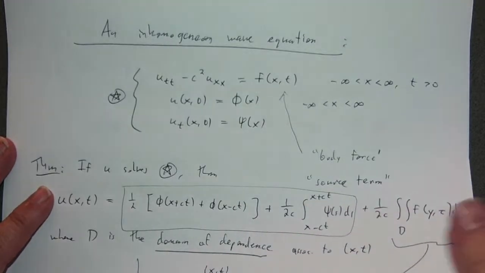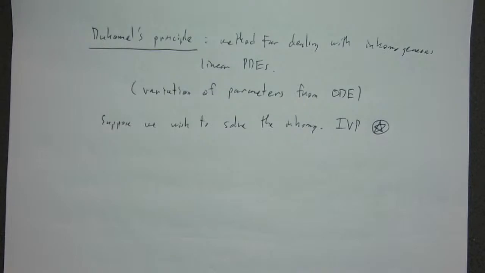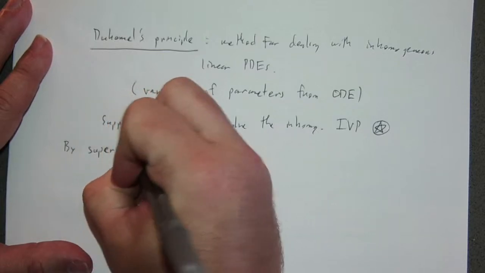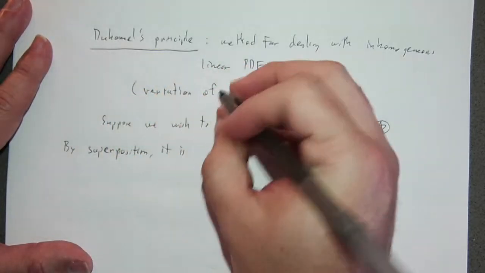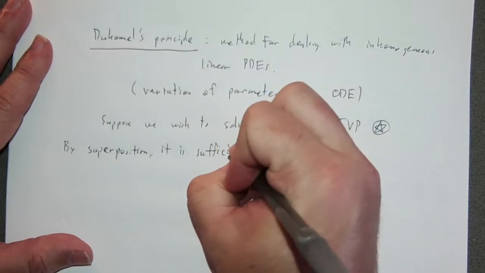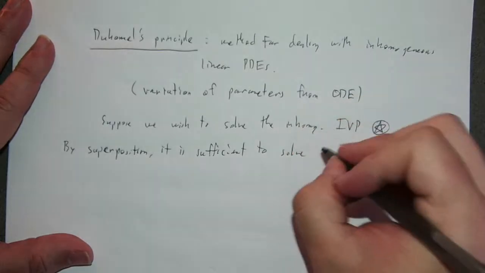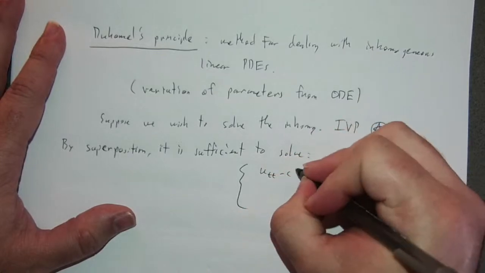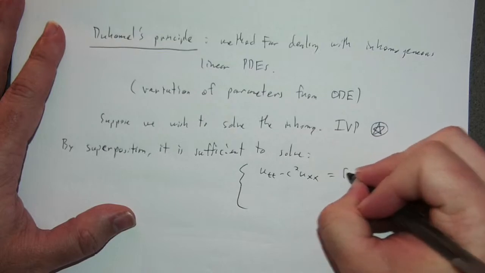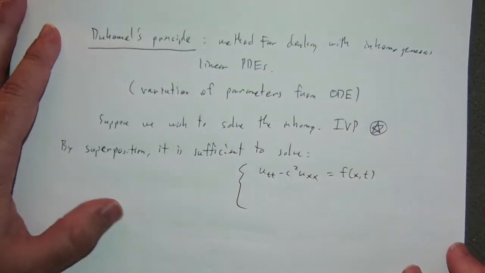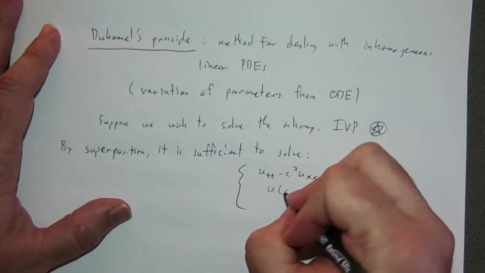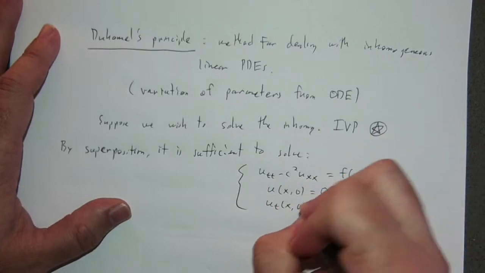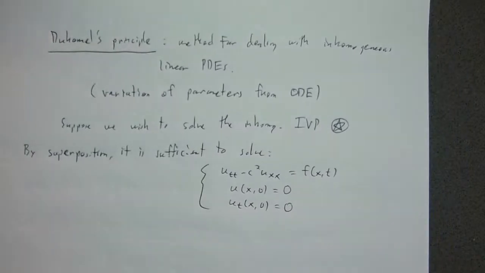Actually, by superposition, think about why this is, it is sufficient to solve the following: u sub tt minus c squared u sub xx is equal to f of x, t with 0 initial conditions, on the same regions.